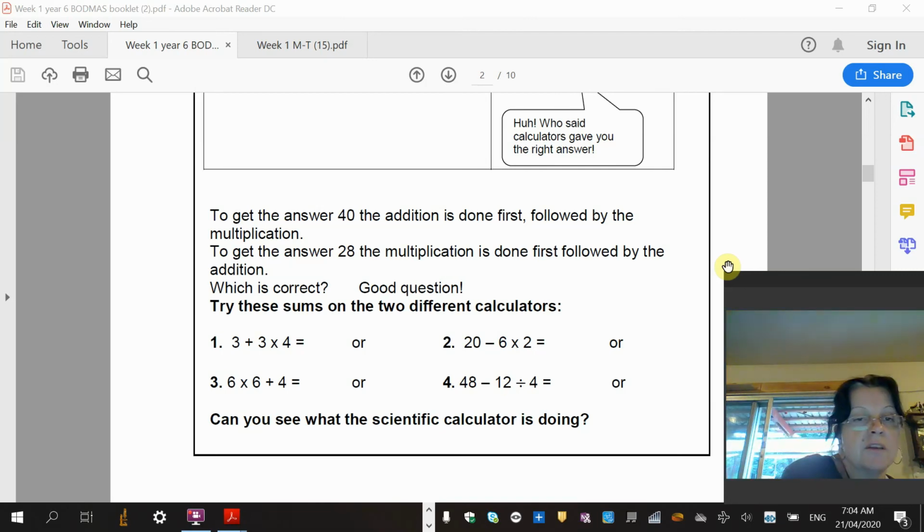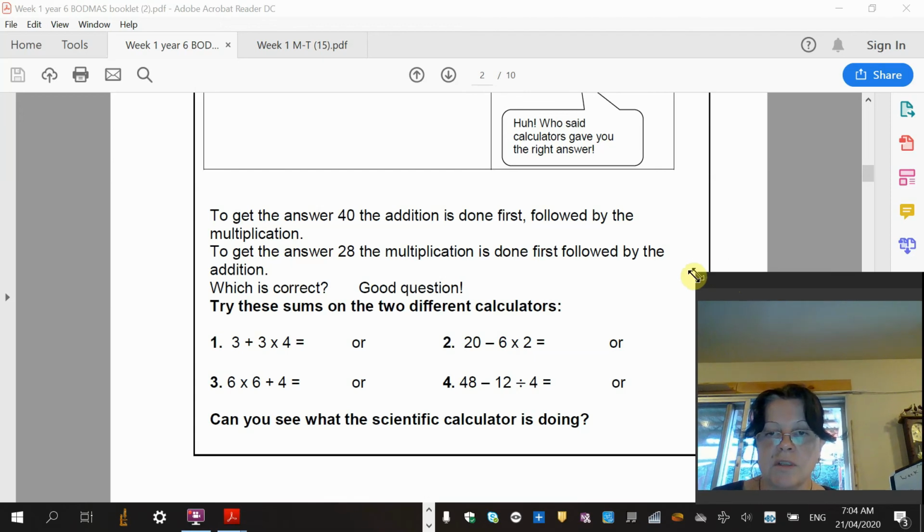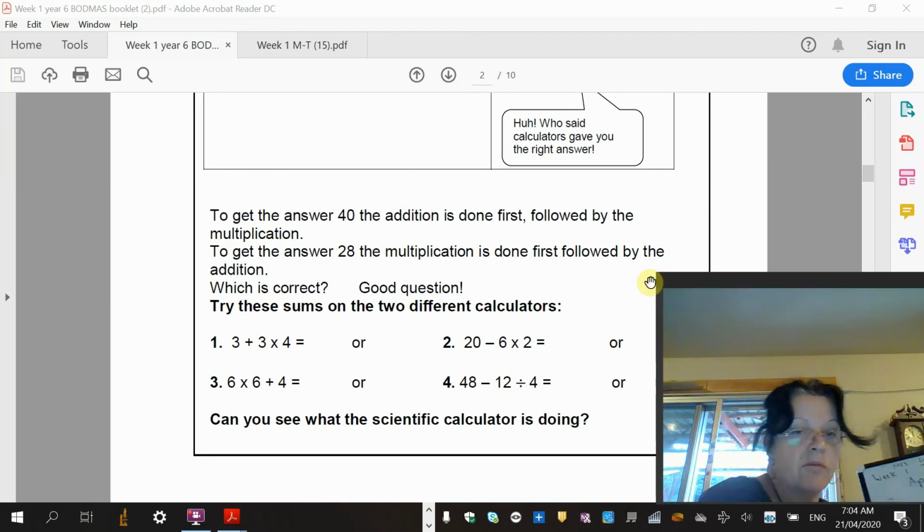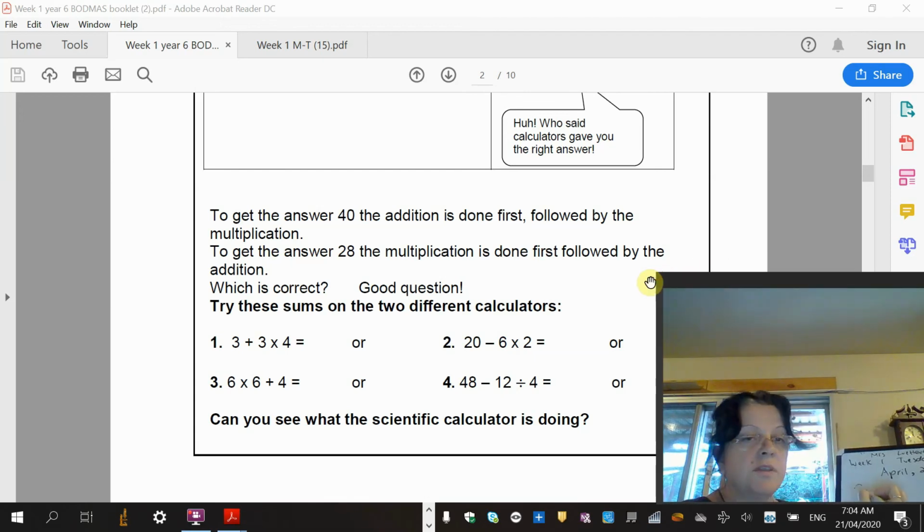So in the problems that they've given underneath, they've told you to do it two ways. So the first way is that you would just do it standard left to right. So for the first one, you would say 3 plus 3 times 4 equals, well, 3 plus 3 is 6. 6 times 4 is 24. That's the answer if we go just along that way, using a normal calculator.